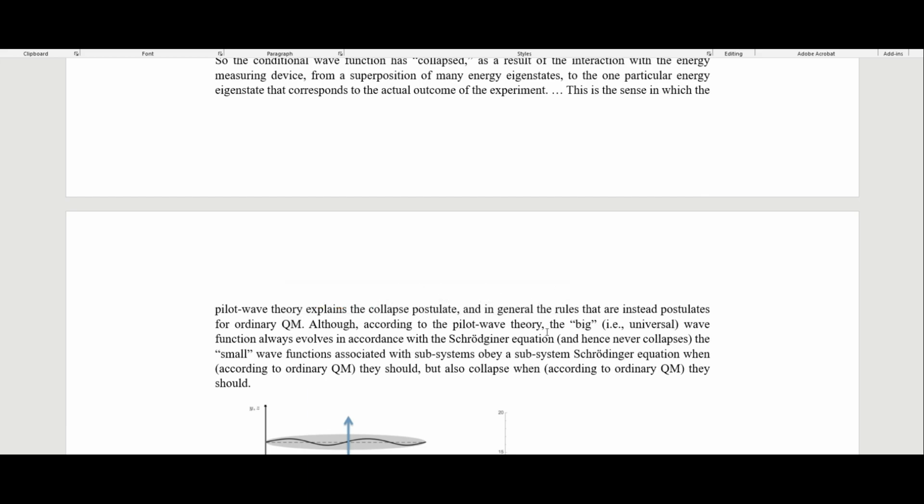Although, according to the pilot wave theory, the big, i.e. universal, wave function always evolves according to the Schrödinger equation and hence never collapses, the small wave function, the conditional wave function associated with subsystems, obeys a subsystem Schrödinger equation when, according to ordinary quantum mechanics, it should, but also collapses when, according to ordinary quantum mechanics, it should.